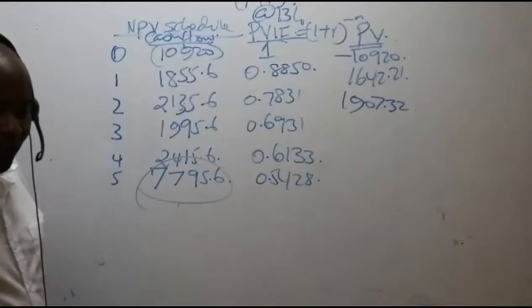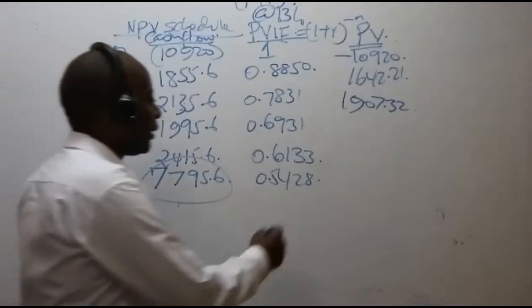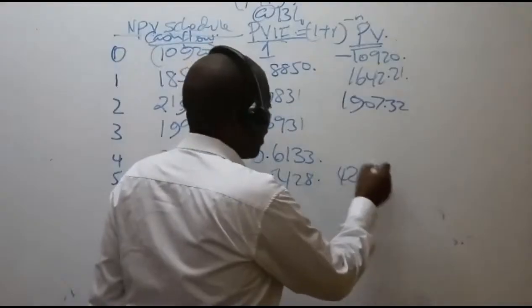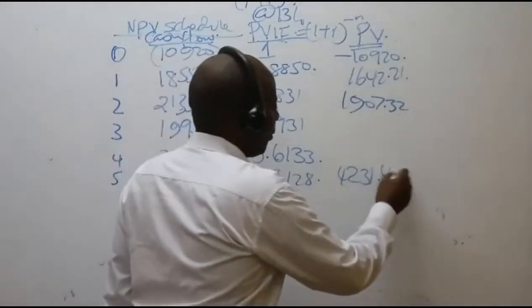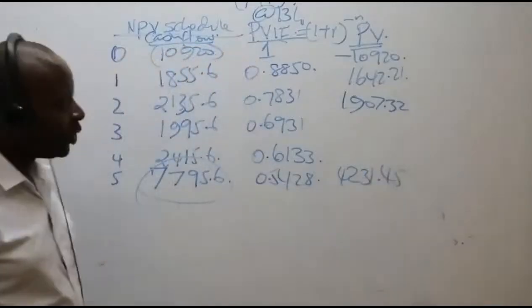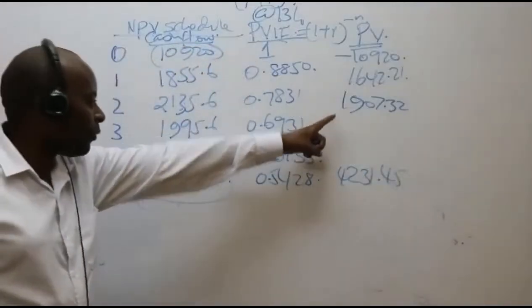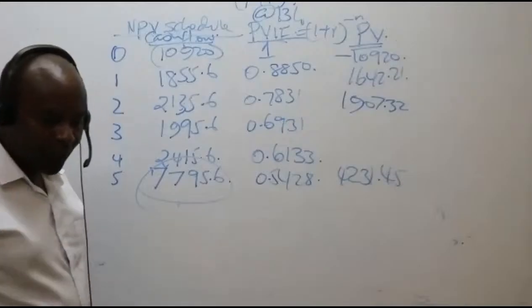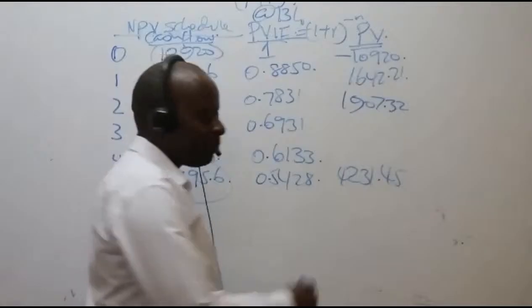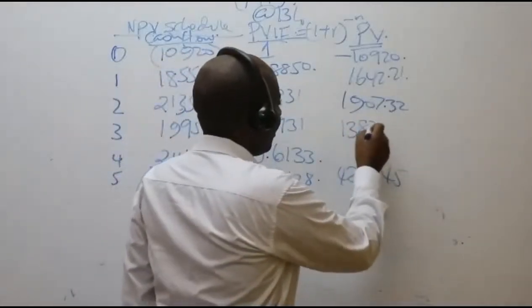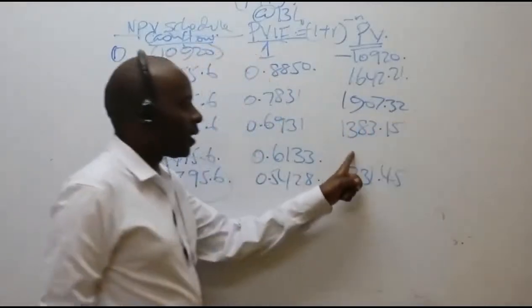So the last one is 4231.45. Don't mind about the decimal places. So please, I'm looking for the fourth figure. Fourth figure, 1383.15. How about this?